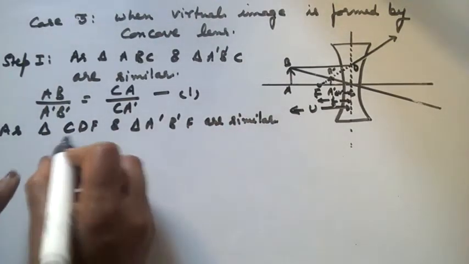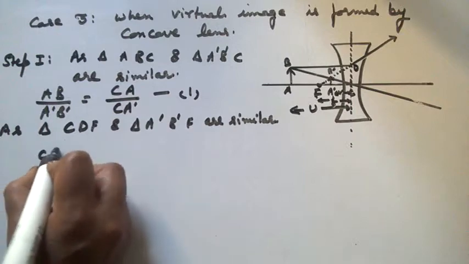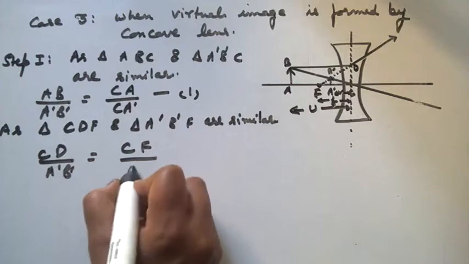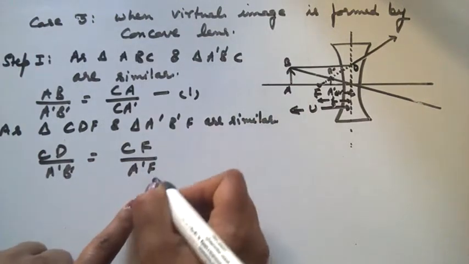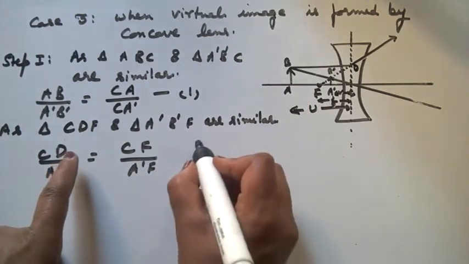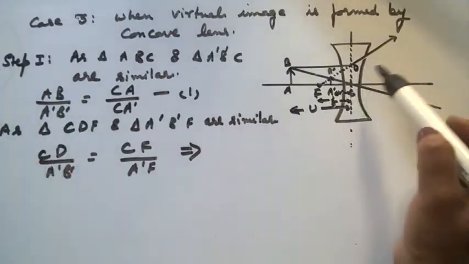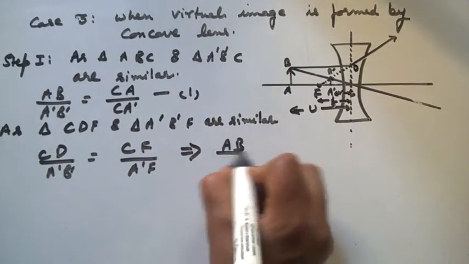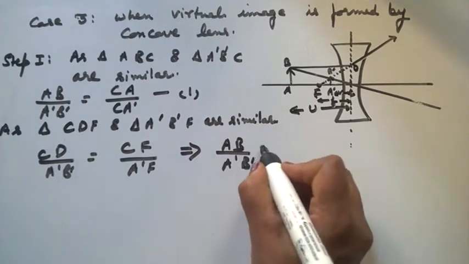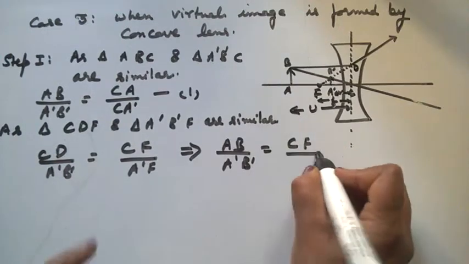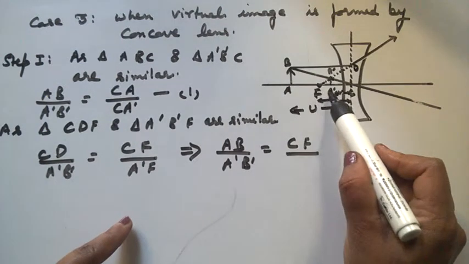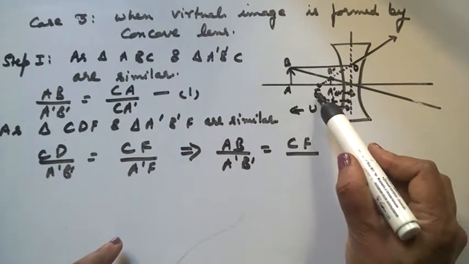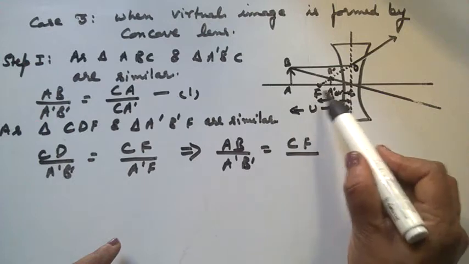Therefore we can write that CD upon A dash B dash is equal to CF upon A dash F. Again, as we know that CD is equal to AB here, so we will write AB upon A dash B dash is equal to CF upon A dash F, which can be written in terms of optical center as CF minus CA dash.